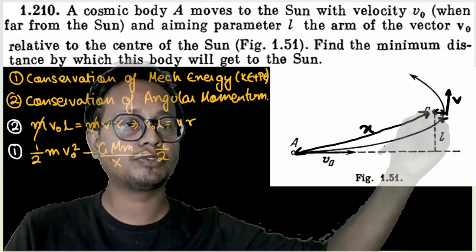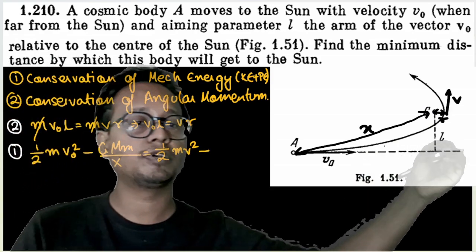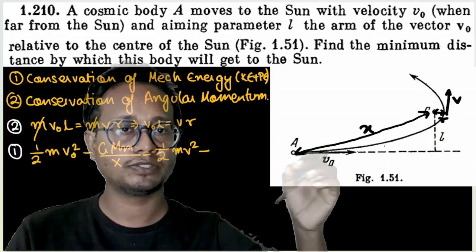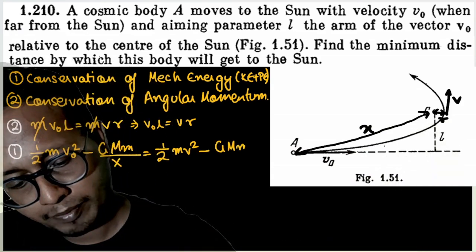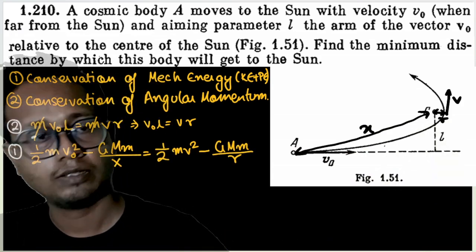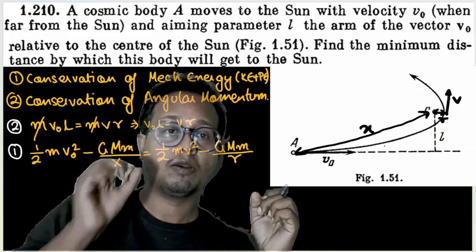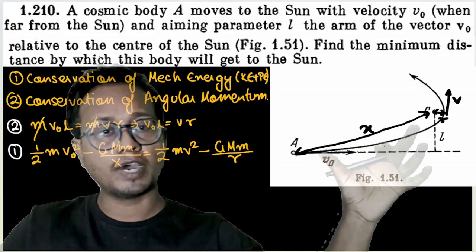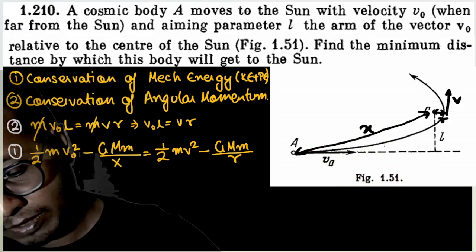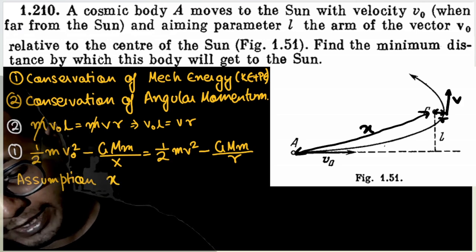Kinetic energy at this point is equal to half mv square. Potential energy at this point is equal to minus G mass of sun into mass of planet divided by r, or the distance of closest approach, or the minimum distance from the star. Now, one assumption in this question is that x is very large.